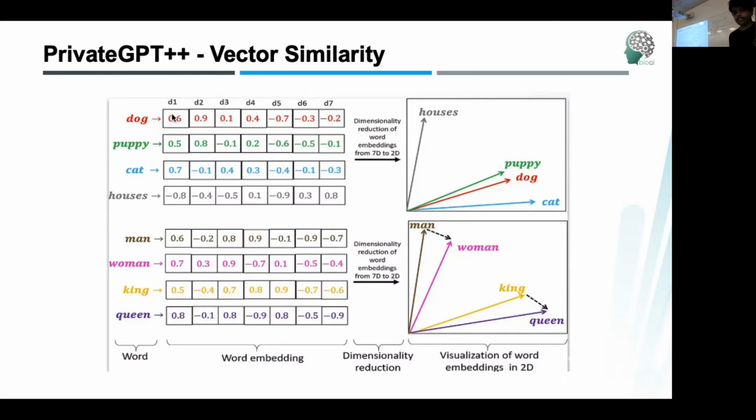The same with the second graph, where king and queen are political establishments, and man and woman are close together, and king and queen are close together. But woman is farther away from queen, because although queen is a woman, it's a part of the attribute, but still there's some difference.